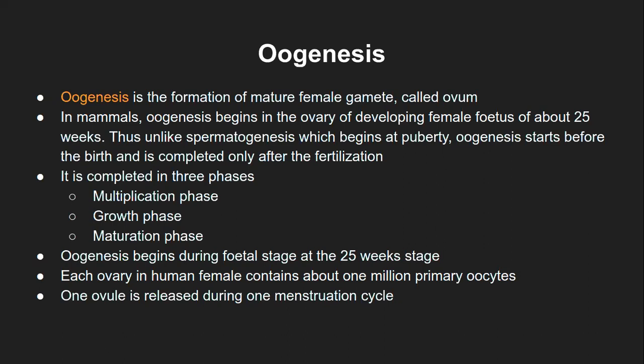Starting oogenesis does not mean that the female child is ready to conceive a baby. It is just a preparatory phase for when puberty has been reached, and before that there has to be certain preparation in terms of the formation of the ovum, and that is what starts at 25 weeks.